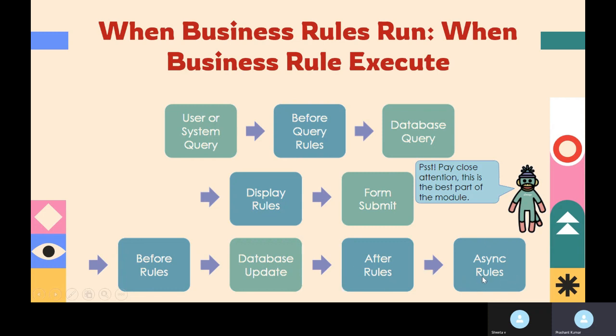But in an async business rule, you don't have to wait for anything. You just have to update your records and go away from that record. All the rules which will be executing after the database commit will be running in a job. So there will be 4 or 5 jobs triggered on the backend and they will be executing without impacting your current work.